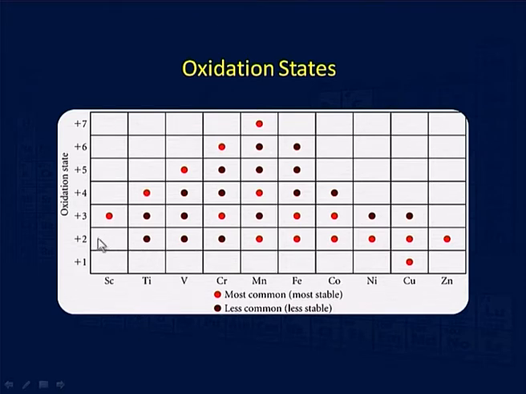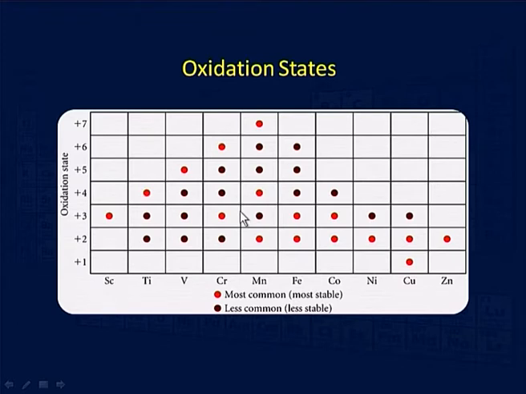As you can see, scandium has only one oxidation state, but manganese can have as many as 6 to 7 oxidation states, and it gradually increases as we go from scandium to manganese and gradually decreases as we go from manganese to zinc.